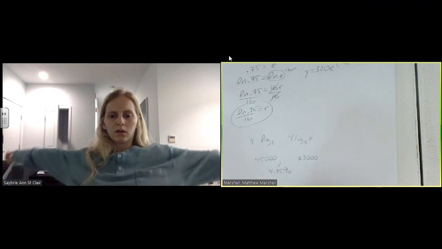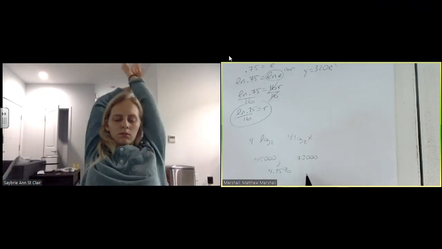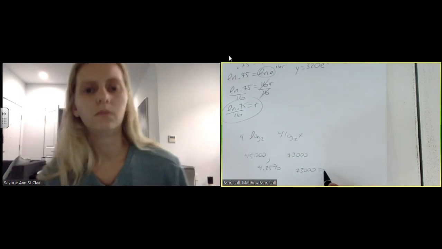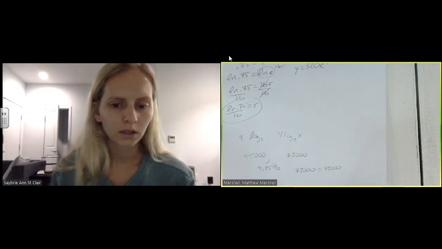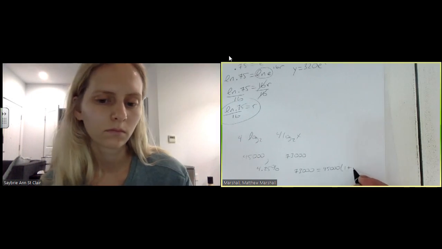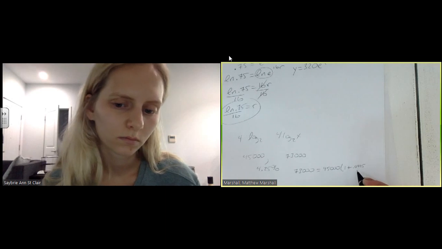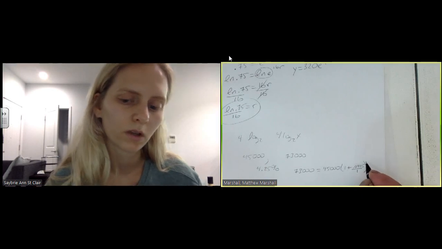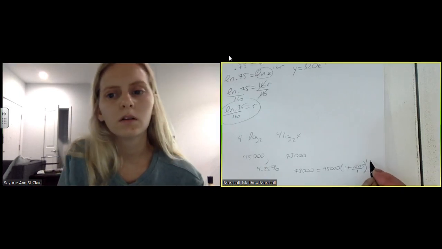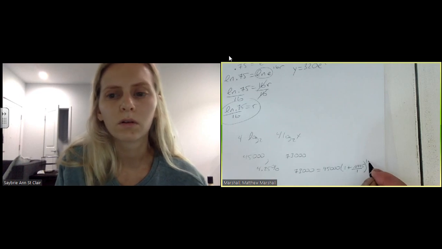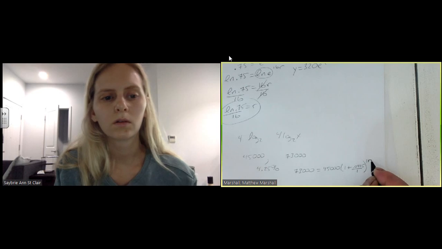Okay, so I'm pretty sure I write this as 73,000 equals 45,000 times 1 plus 0.0425 compounded annually, right? So once a year, times 1, times R, I think.